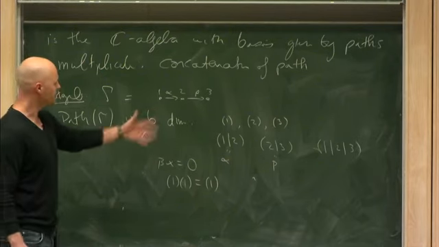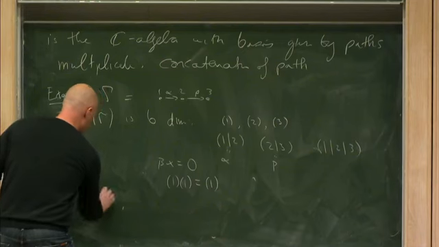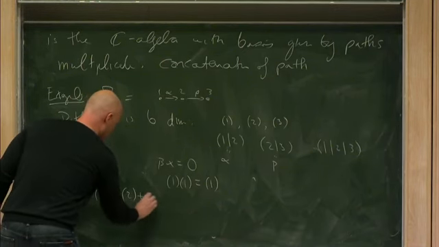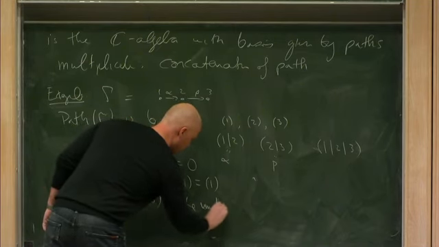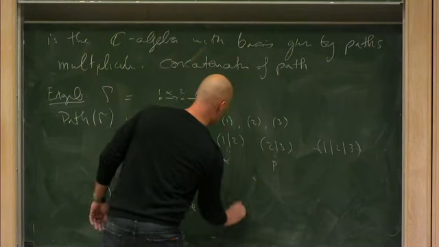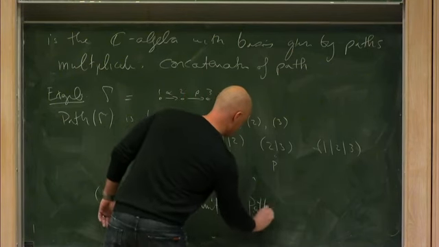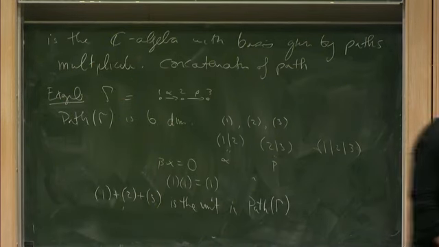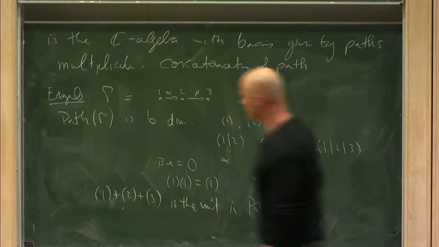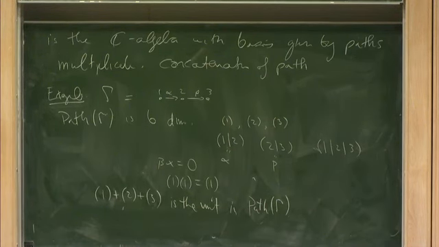So something you can check if you want to play around for a moment is that the sum of these 3 is the unit. So this algebra has a unit. This is the unit in this example.